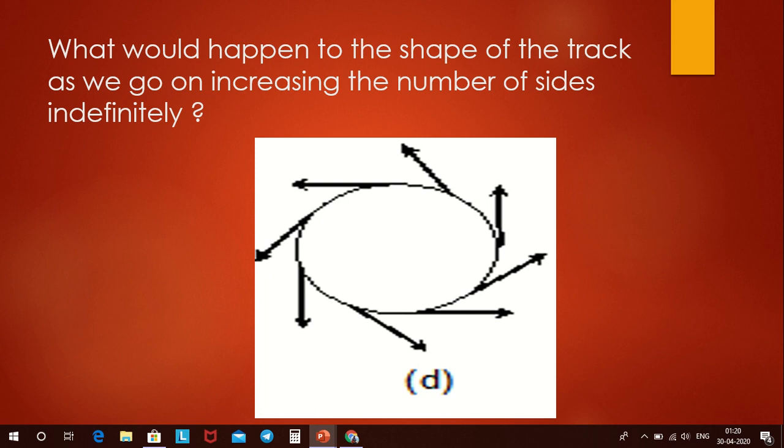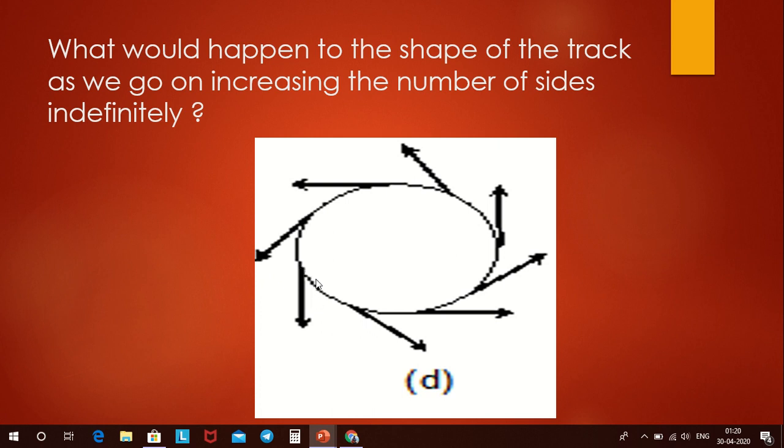So if you do this, you will notice that the shape of the track approaches the shape of a circle, and the length of each side will decrease to a point. Like you can see here, now the length of a side is simply a point. Okay, and when the object is moving along the circular path, at every point the direction is changing, and these arrow marks are showing the tangent to the circle.